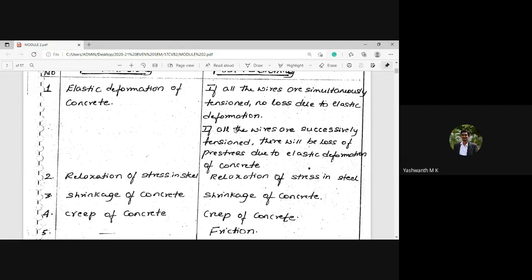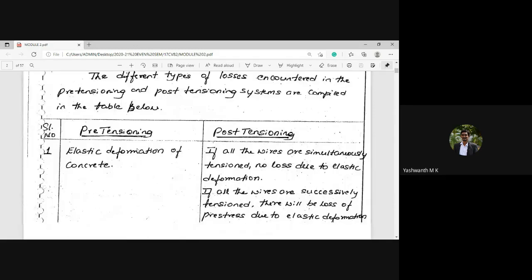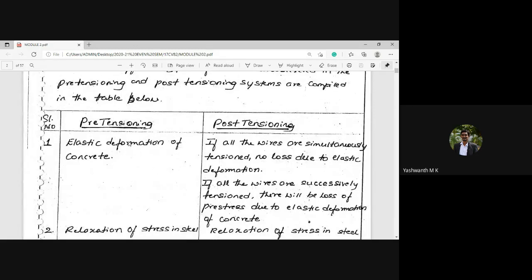Based upon the type of pre-stressed concrete beam, you need to calculate or analyze the loss of pre-stress in the particular beam. From the examination point of view, they are going to ask this, so it's very important.